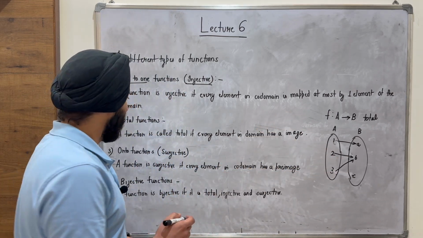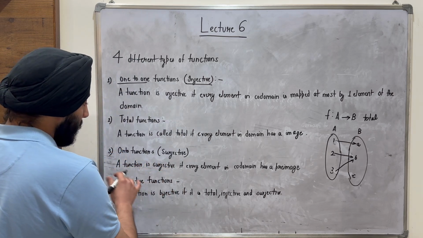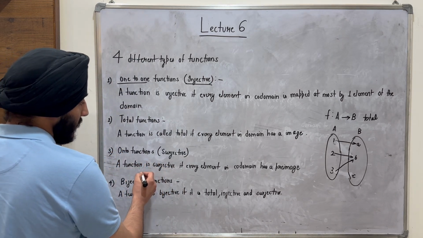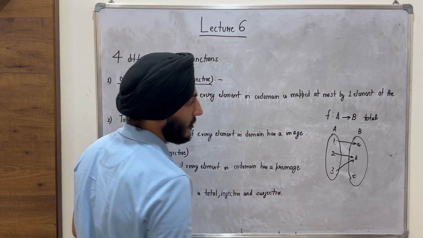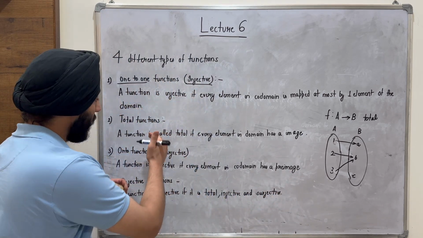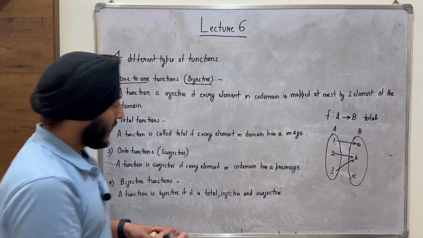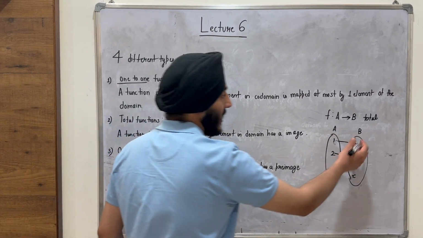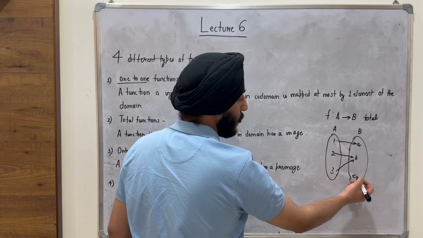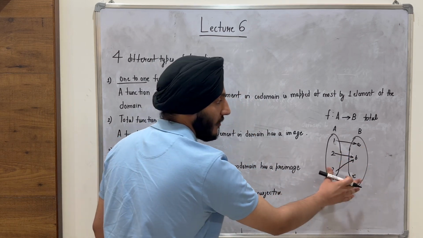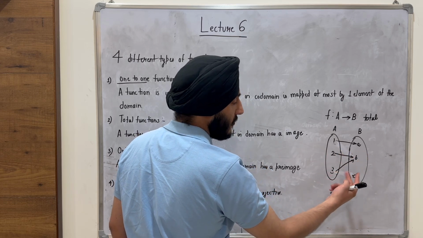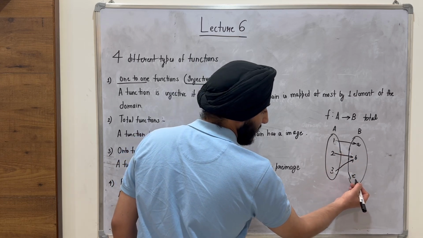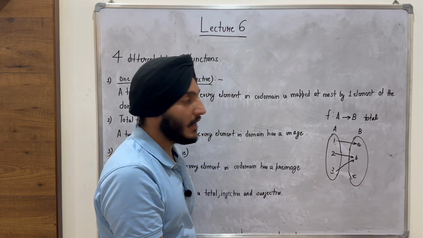Simple as that. What is the onto function? Moving on. A function is surjective or onto if every element in the codomain has a pre-image. So this is basically just the opposite of what is a total. In this condition, I want every element of the set B to have a pre-image. So if you look at this function over here, right? A has a pre-image 1, B has two pre-images, which are 2 and 3, but C does not have a pre-image, right?